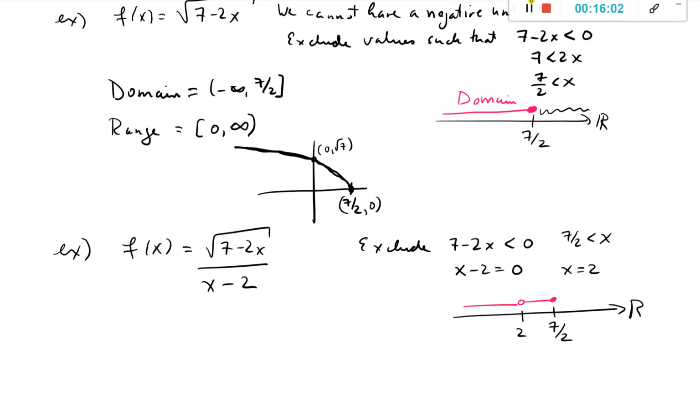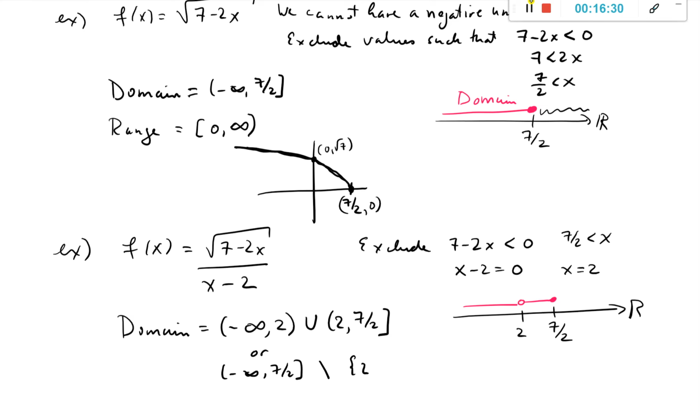The domain is going to be anything from minus infinity all the way up to 2, and then from 2 to 7.5 included. An alternative would be to write everything from minus infinity to 7.5, but remove 2. This I like less, so I personally prefer this notation in this case.